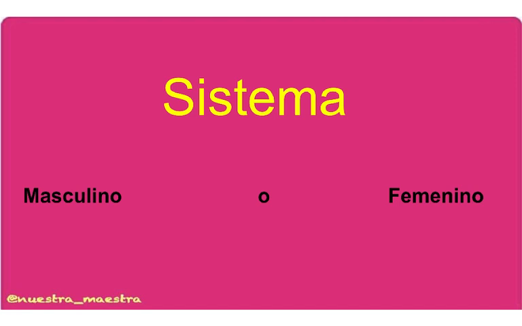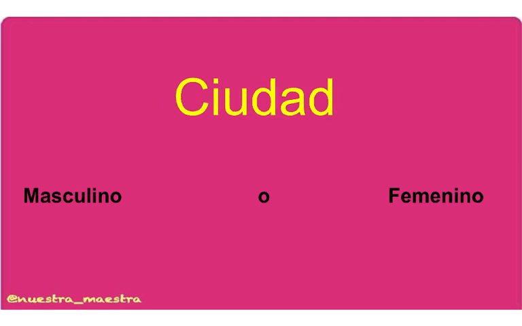Sistema. It ends in A, pero ojo, ends in MA. Words that end in MA are always going to be masculine. El sistema, el tema, el problema. Ciudad. Based on your list of noun endings, we're gonna know that ciudad ending in dad is una palabra femenina.